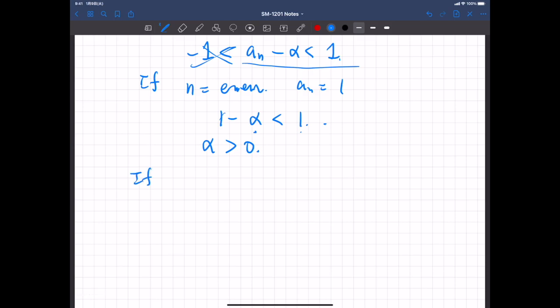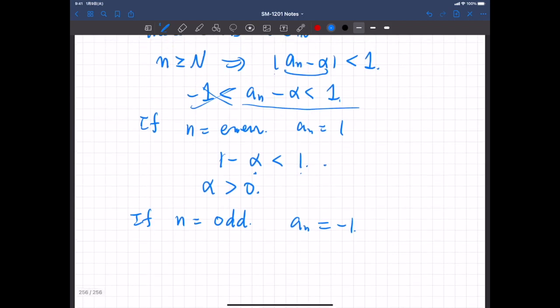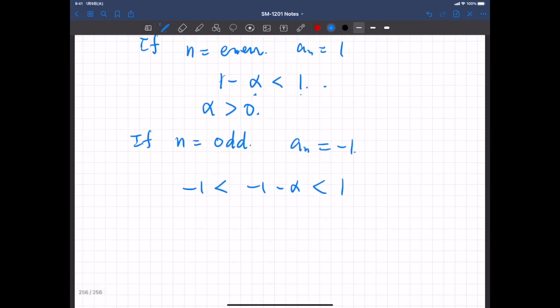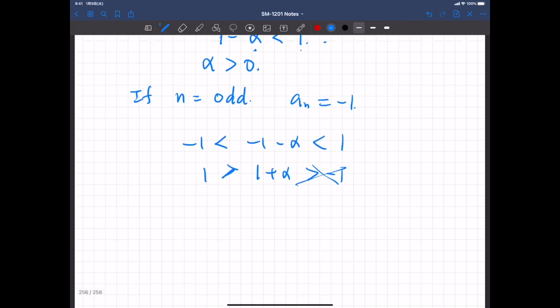Then if n is odd, then an is -1. So that means -1 minus alpha is less than 1. If we multiply everything by -1, we have 1 plus alpha greater than -1, and we don't need this part here.